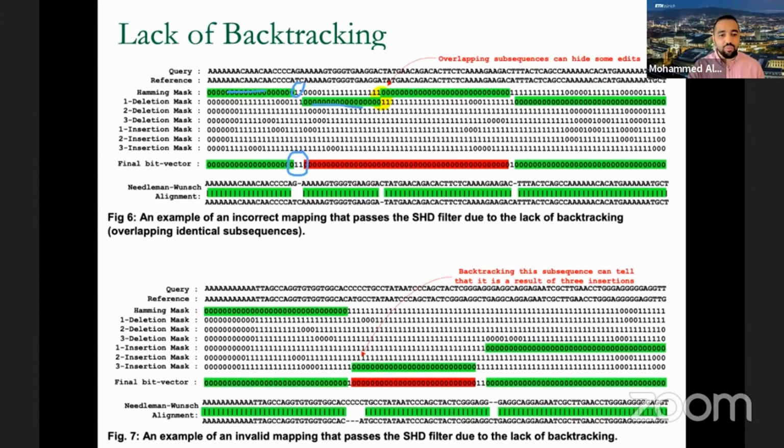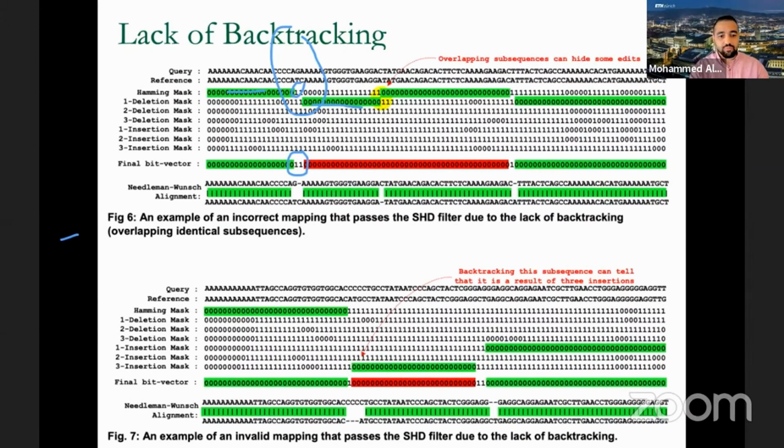And you can see it from the character and the corresponding location. You can see there really is a deleted C over there, and then another substitution. Or you can consider the T as a substitution and then delete the C. That's why you can consider one happening in the Hamming mask and the other one happening at the one deletion mask.